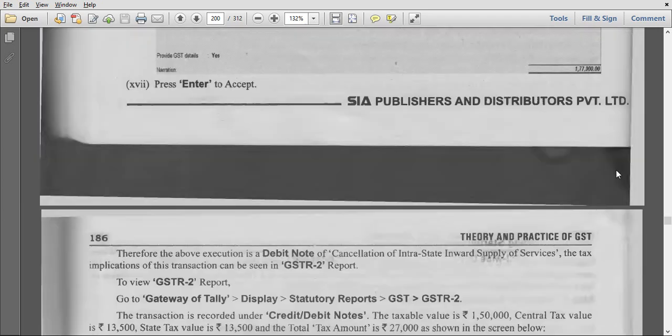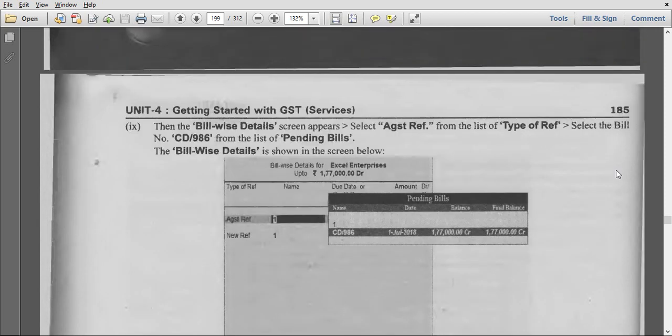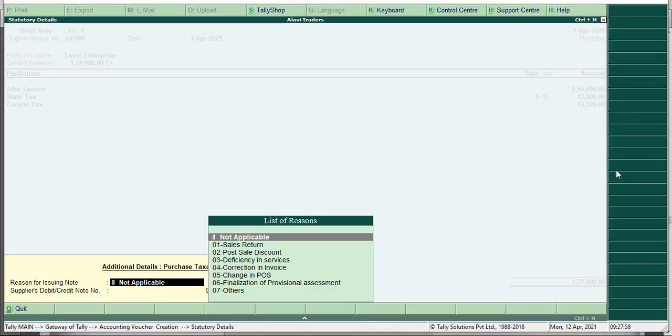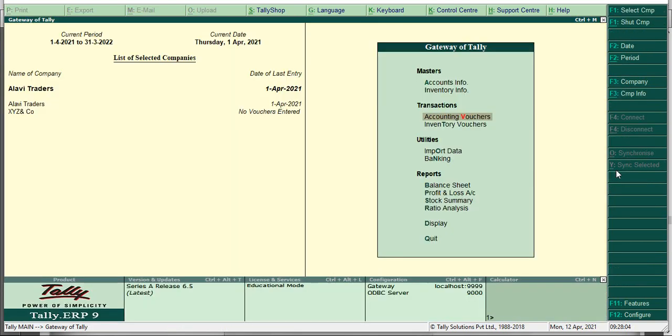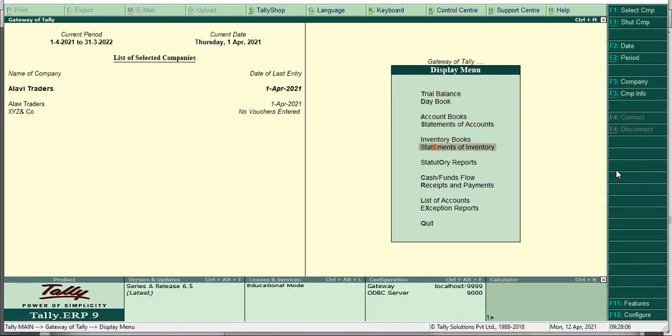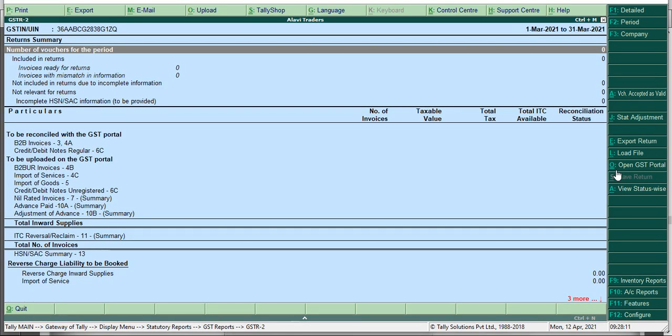This is about GSTR2. So we can see this transaction in Display, Statutory Reports, GST and GSTR2.